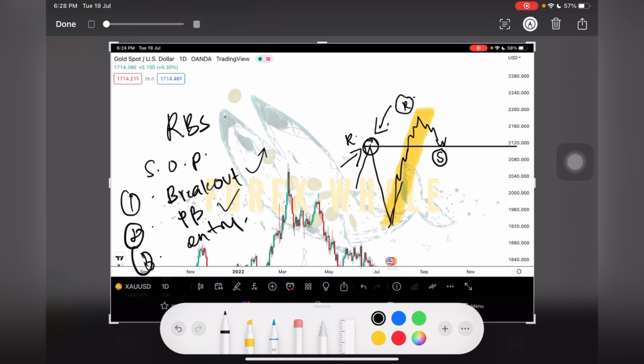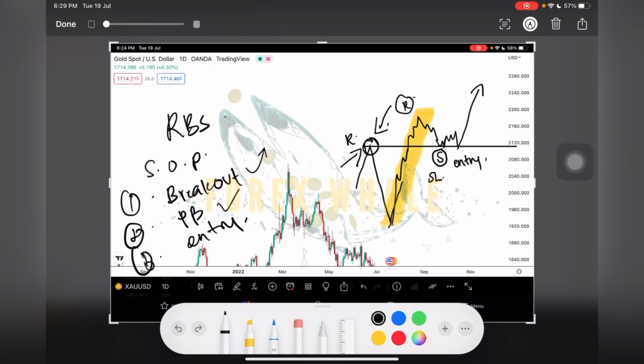Price created that support, so the next time price comes back to that support level, only then can you place your entry, and then boom, price goes all the way up. Your stop loss would be below that new support level created on the same level as the resistance. If you find it very confusing, you can just rewatch this video over and over again. So this is style number 2.